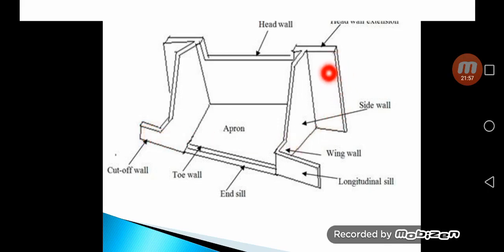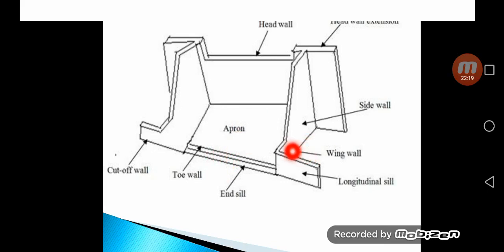These are the side walls, extending vertically from outlet to wing. Next is the toe wall. Toe walls are vertical walls extending below the front of the apron to prevent undercutting of the structure.